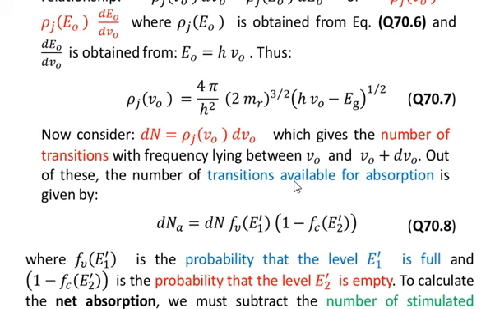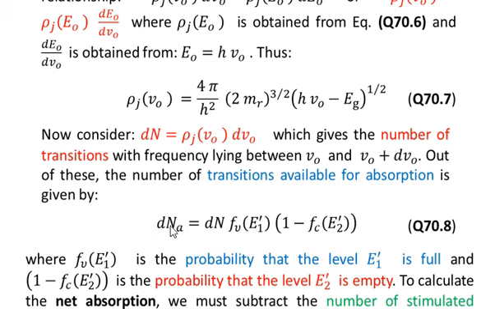Out of these, the number of transitions available for absorption is given by, since this represents all the possible states, all the possible number of transitions, but you know that we are going to discuss the transitions which are available for absorption. So for that, we are writing a term dnA.